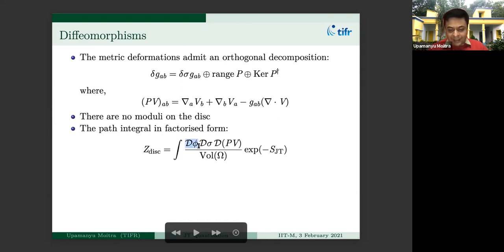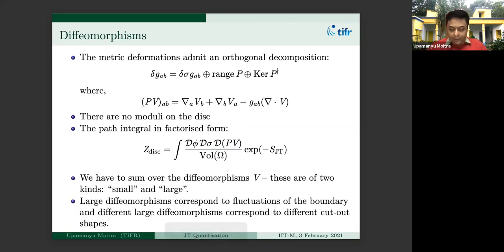Remember, we had this d phi before. Now we have this d sigma and dPV in lieu of the metric deformations. And obviously, we keep dividing by the volume of the gauge group. So now comes an important point, which is important for the study of the JT model.